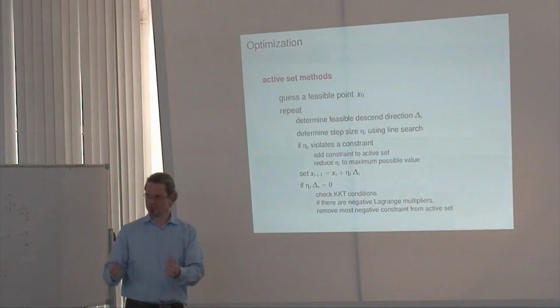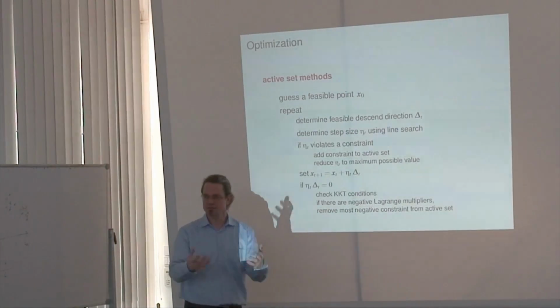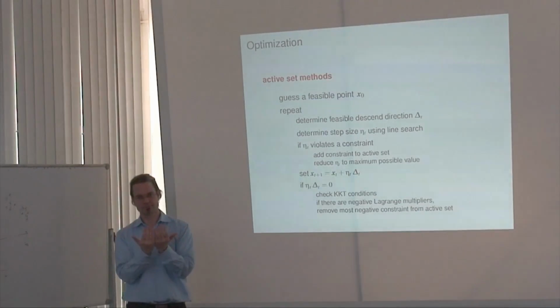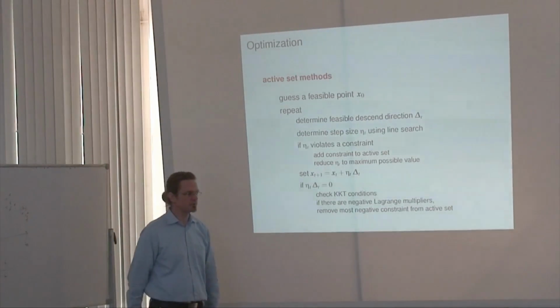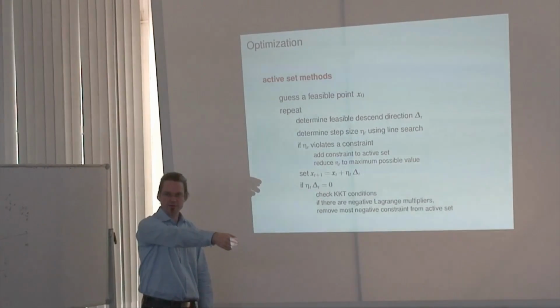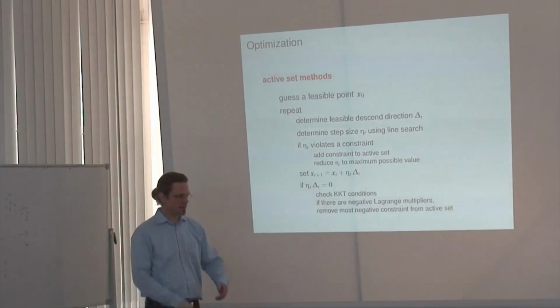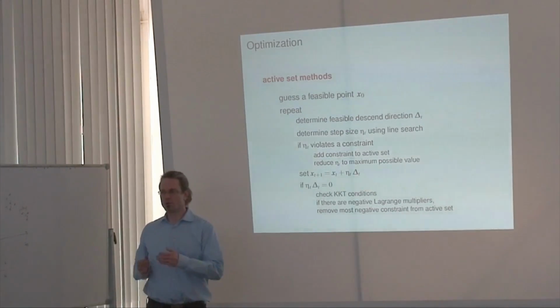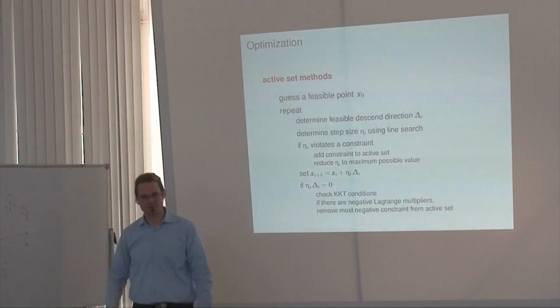Then we compute a gradient and walk in the direction of the gradient until we hit a constraint surface. Once we have hit a constraint surface, we know that even if the next gradient might point in that direction, we are not allowed to go any further. So every next step we do will be orthogonal, or say parallel, to the constraint surface.